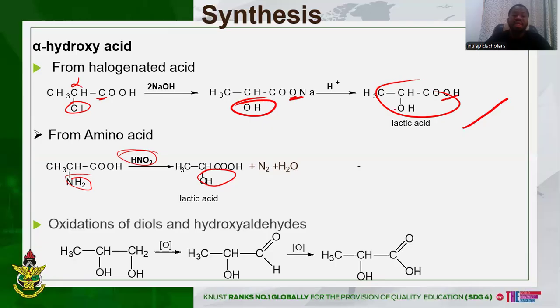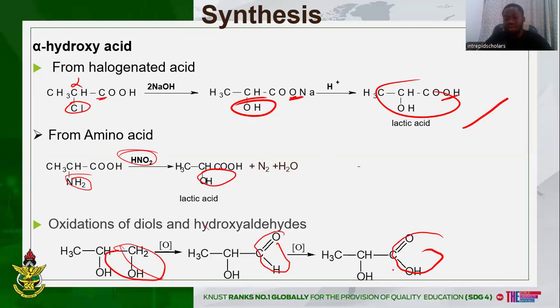If you have your diol, you can oxidize this mildly to an aldehyde, right? So the terminal OH here can be oxidized to an aldehyde, and then the aldehyde functional group can also be oxidized to a carboxyl group, and that will give us our hydroxy acid.